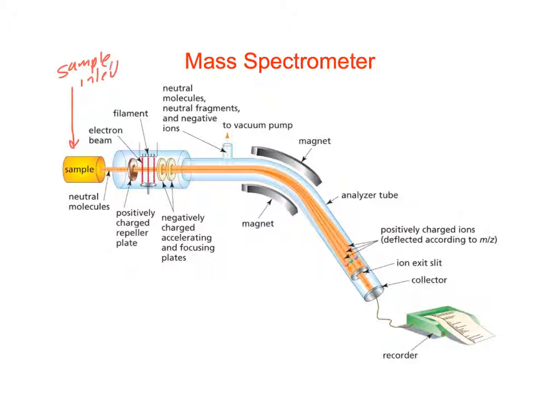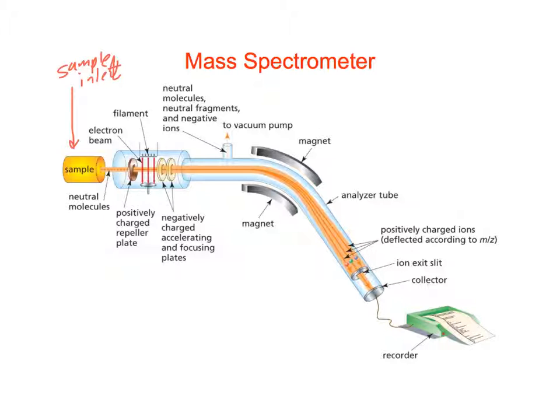So we need to have a way to introduce our sample into the mass spectrometer. In electron impact, this whole system is under high vacuum.